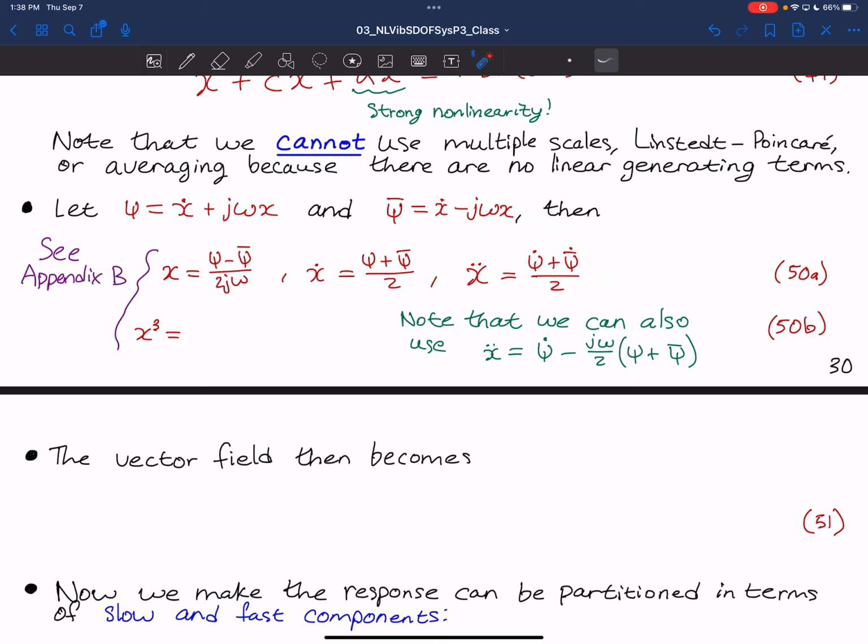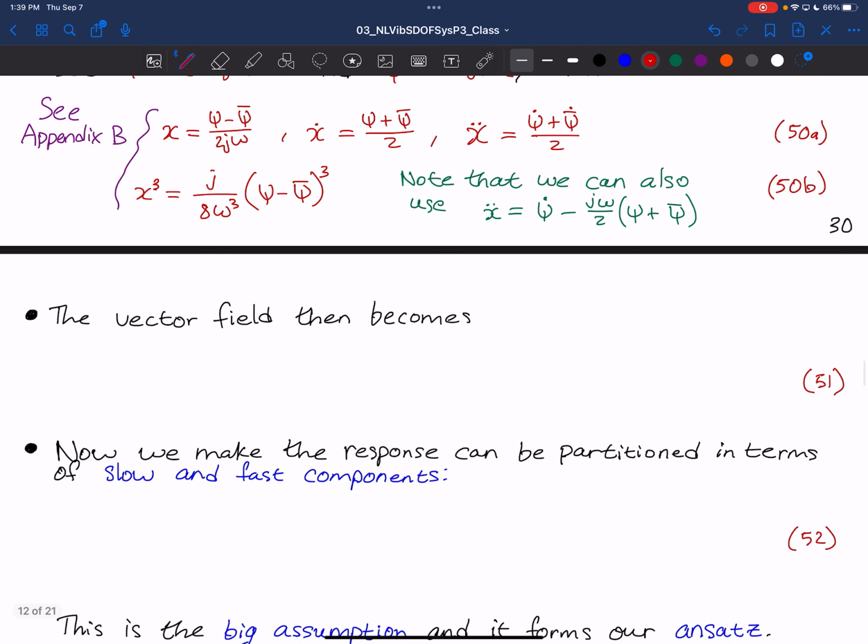I personally prefer this one because you end up with a nice symmetry in the complex conjugate terms, whereas you do not end up with that when you use the other version. However, the results end up being exactly the same, so it doesn't matter what you use. So x cubed is going to be equal to j over 8 omega cubed times the quantity psi minus psi over bar, that quantity cubed. Those are derived in Appendix B.